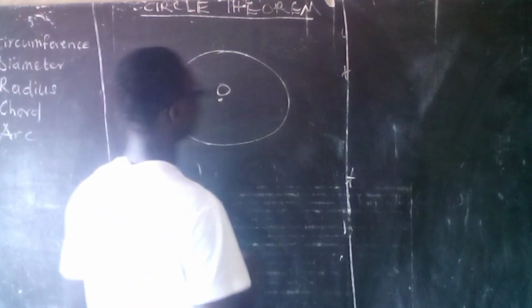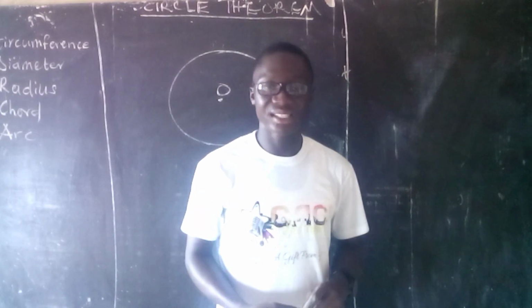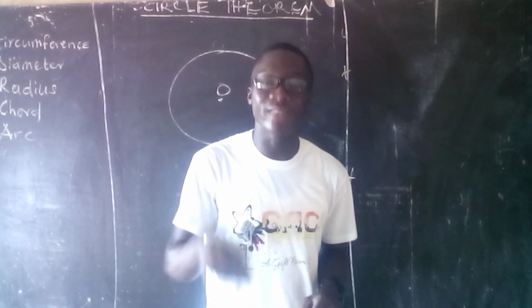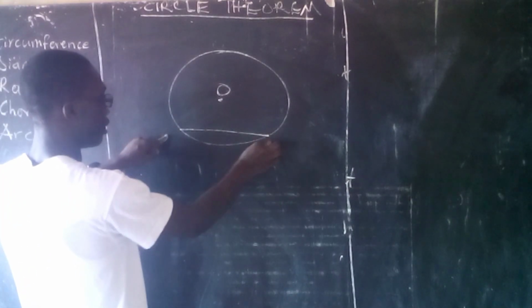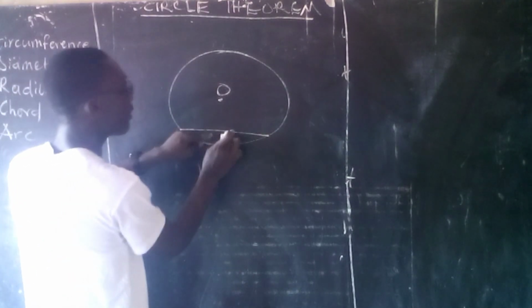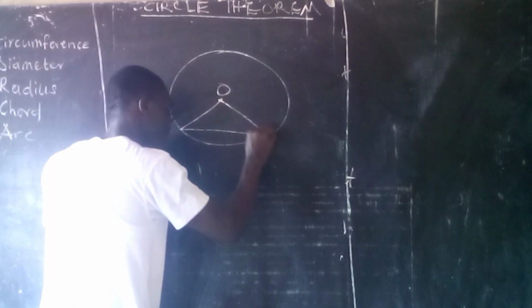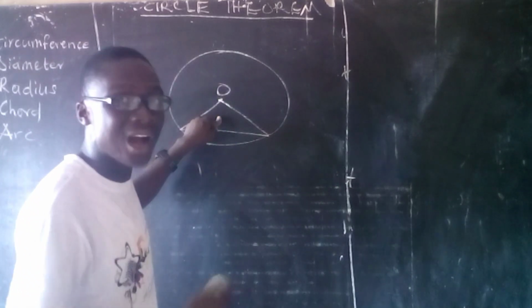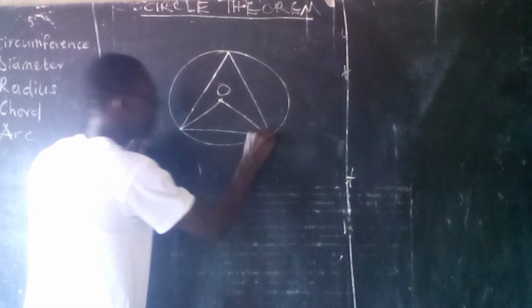We are saying that the angle that a chord or an arc subtends at the center of the circle. So we have the chord or the arc. And you are saying that the angle that this chord subtends at the center of the circle, so here it is, is twice the angle that it subtends at the circumference of the circle.